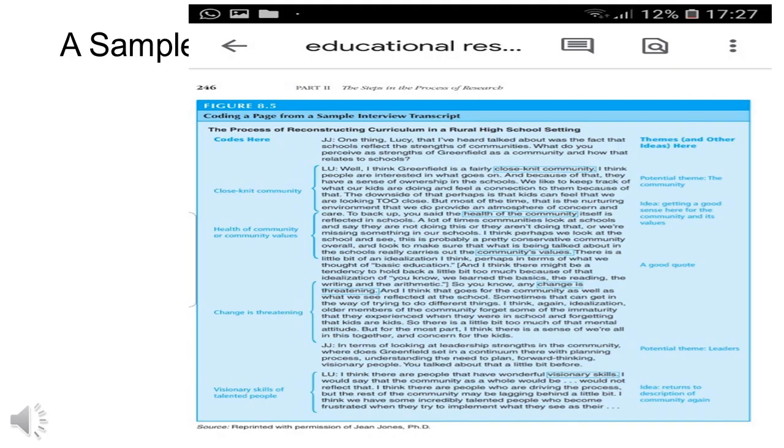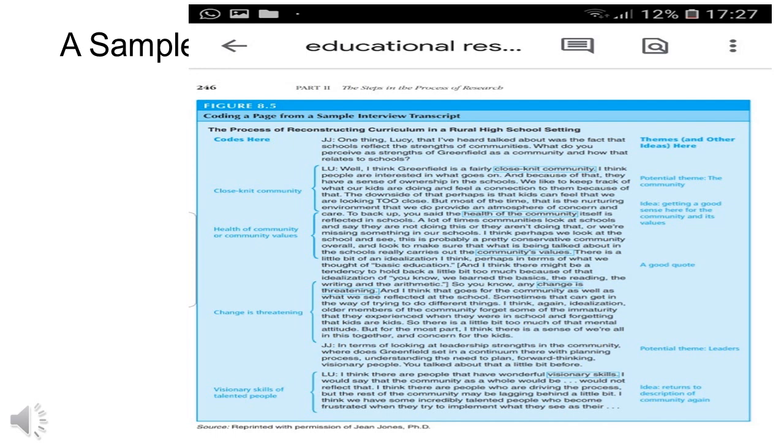So this is a good example, a sample of a coded transcript. You can see the text is in the middle. On the right, the researcher notes the themes and other ideas. For example, one potential theme is the community.